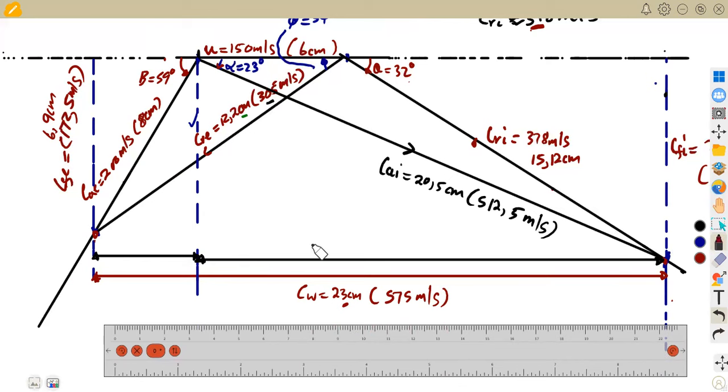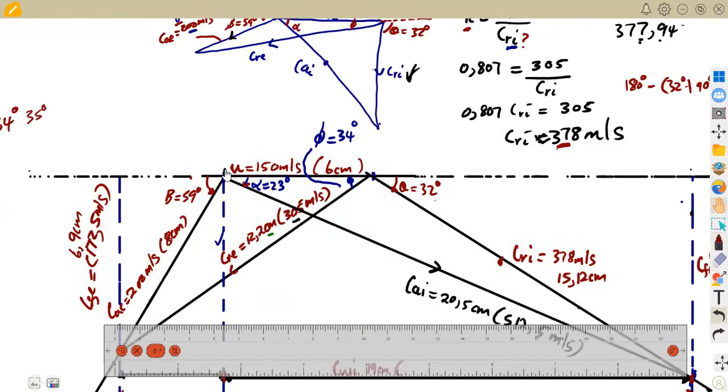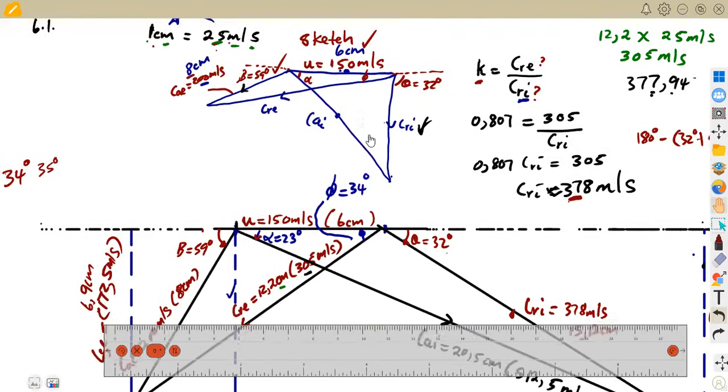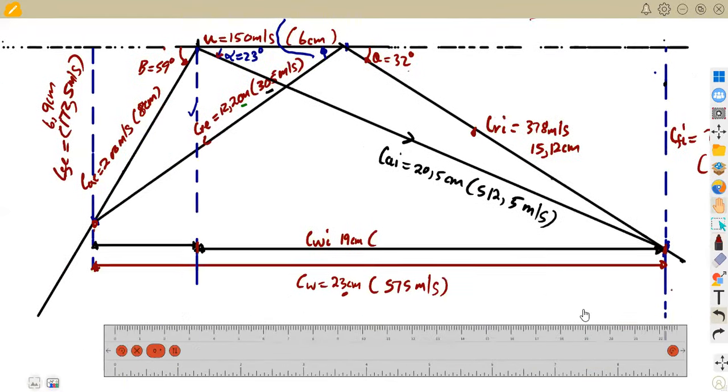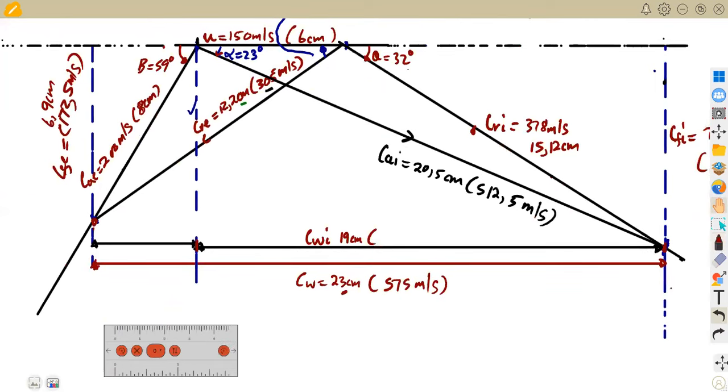So the inlet wheel velocity, if we measure from this point up to this point, in terms of centimeters, was going to be 19 centimeters. Then multiply by 25. Remember our conversion, 1 centimeter is 25 meters per second. That was going to give us 475 meters per second.